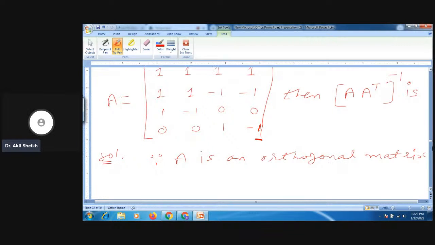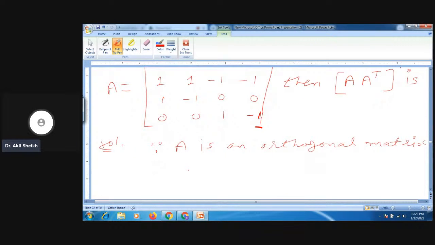So we know that if A is orthogonal, then A into A transpose equals I. Now taking inverse on both sides, we get A transpose inverse equals I inverse. Again, we know that the inverse of the identity matrix is again the same matrix, that is I. So I is the final answer.